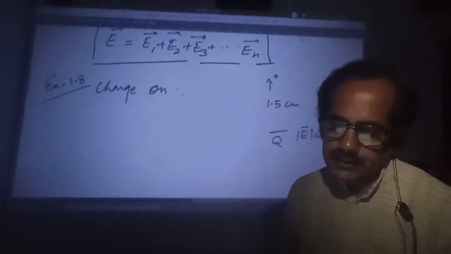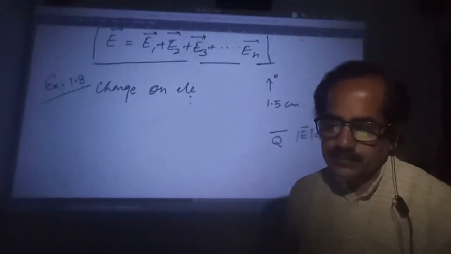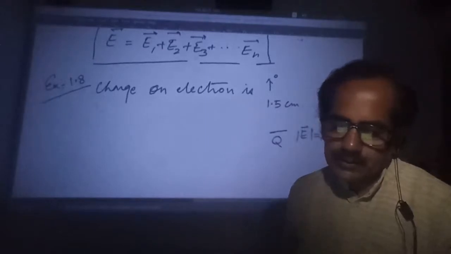Charge on electron is 1.6 into 10 to the power minus 19 Coulomb.